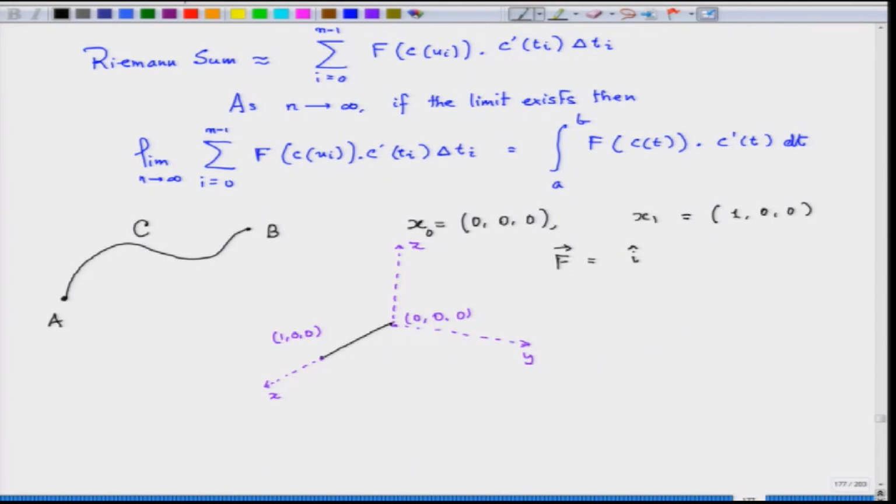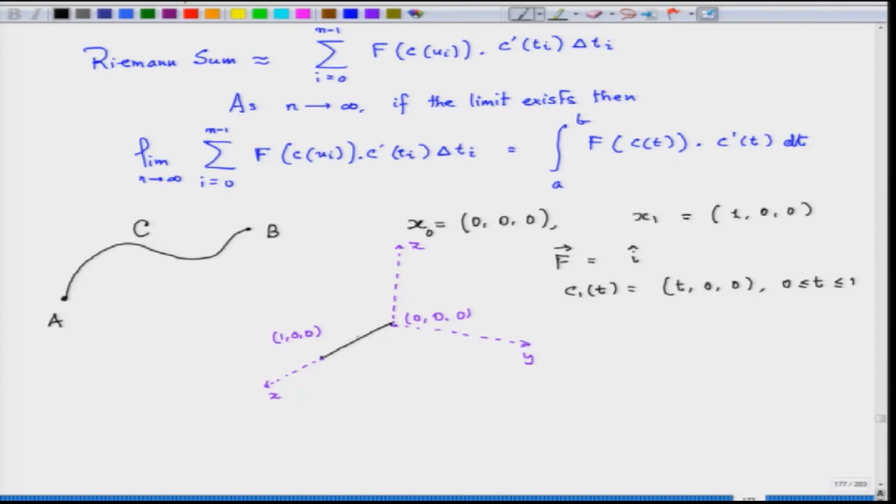There are two curves, one is C1 of t, which is t 0 0. When t is 0, C1 of 0 is 0 0 0, and when t is 1, that is C1 of 1, we are at 1 0 0.